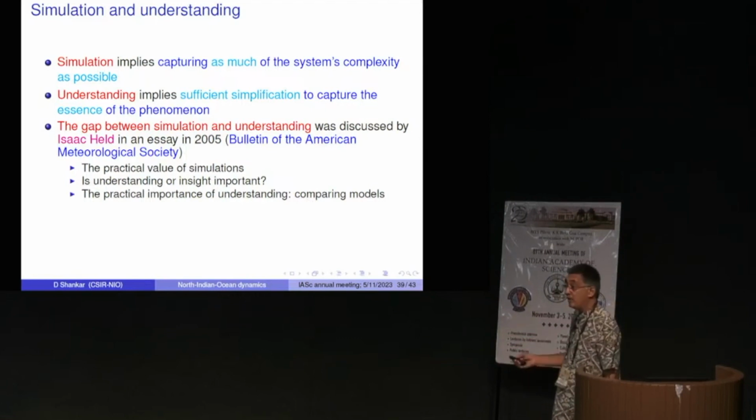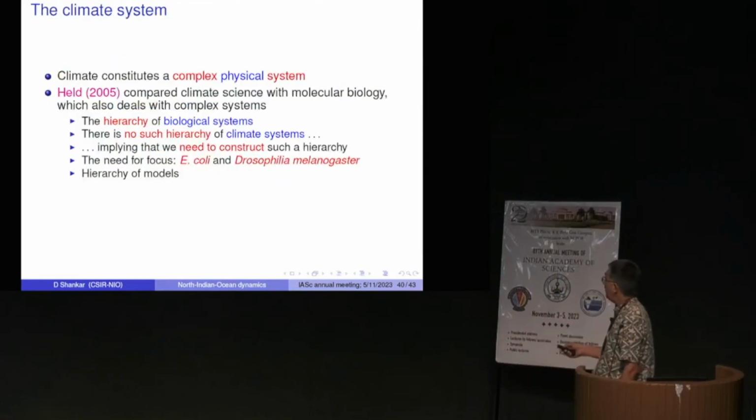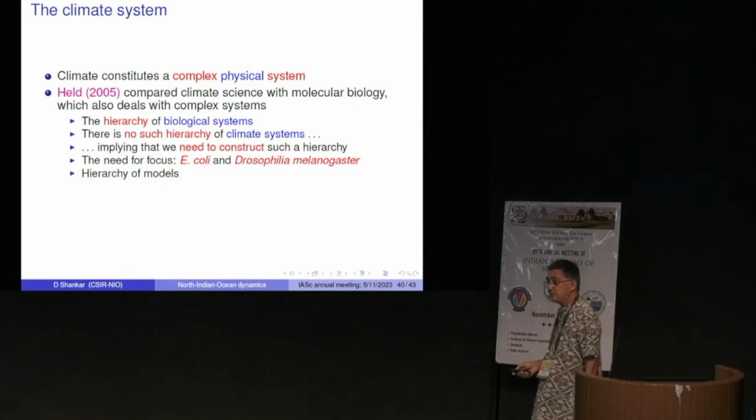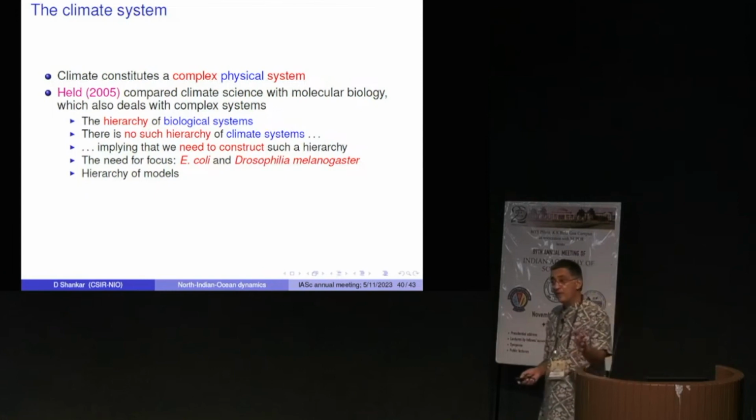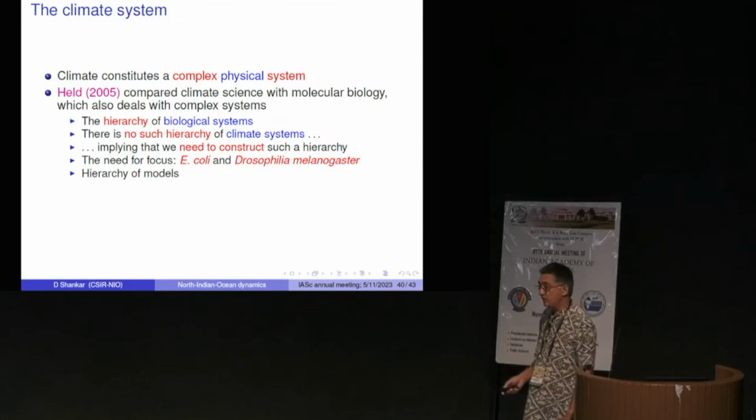The problem lies here. Now, climate constitutes a complex physical system. Isaac Held compared climate science with molecular biology, which also deals with complex systems. But he noted one vital difference. There's a complete hierarchy of biological systems, from viruses and bacteria on one end to human beings on the other. You have the entire spectrum available to you.